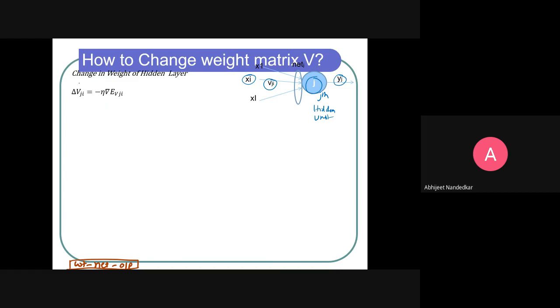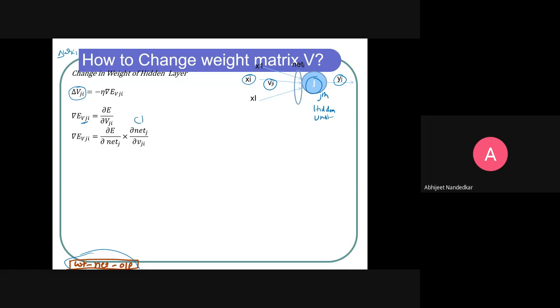Initially, in the earlier case, we differentiated with respect to Wkj. Now we are differentiating with respect to Vji. So the gradient of error with respect to Vji is the partial differentiation of error with respect to Vji. Again use exactly this same relation, that is weight, net and output.